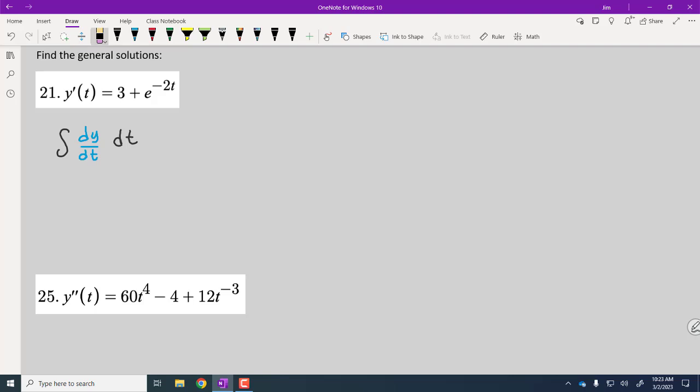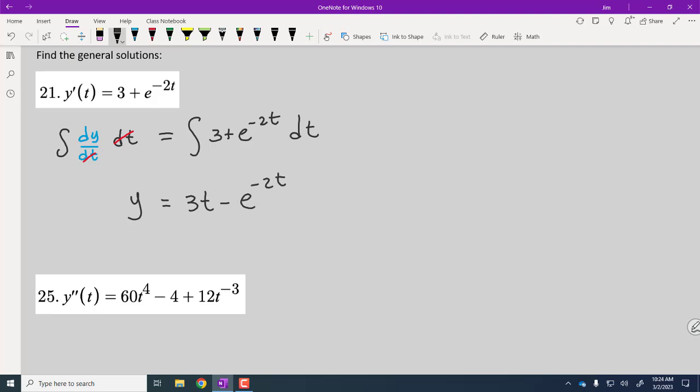And so on the other side, we do the same thing. We're going to integrate this function with respect to t. Well, on the left side, these dt's just cancel, and the integral of dy is y. And then on the right side, we'll do our regular old integration.